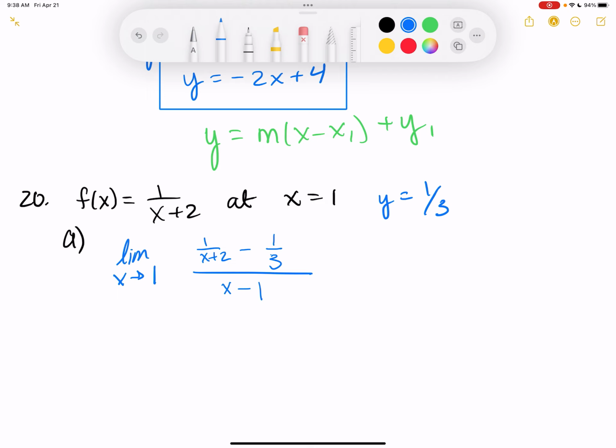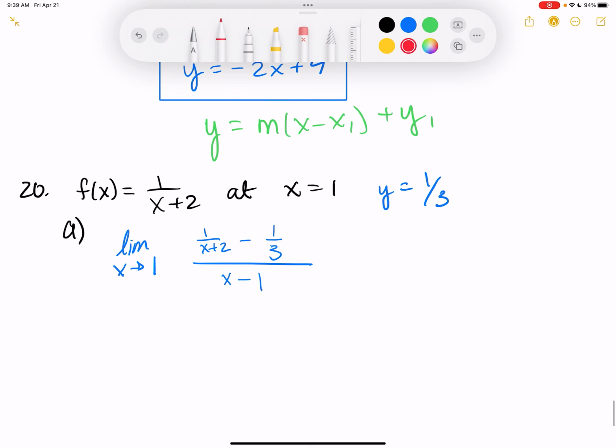Now we can do the math. How would I do that? Multiply x plus 2 through, the x plus 2 over. Yep, perfect. So then I'm going to combine that as one fraction on top to save a step.